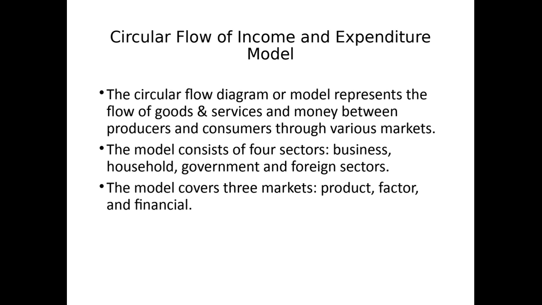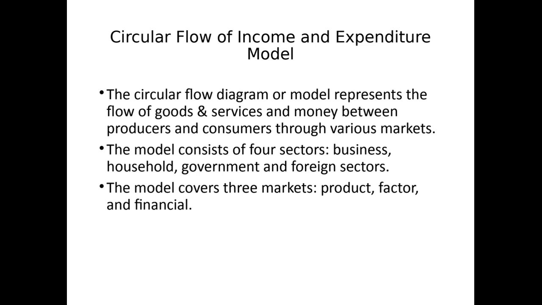This model consists of four sectors: business, household, government, and foreign sectors. This model covers three markets: product market, factor market, and by factor, I mean factors of production, such as labor and capital, and financial market.